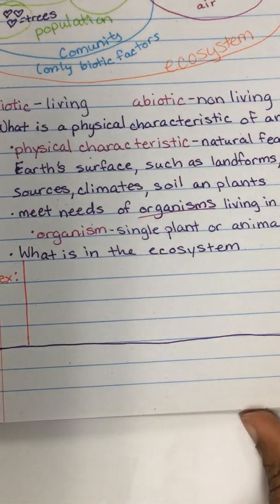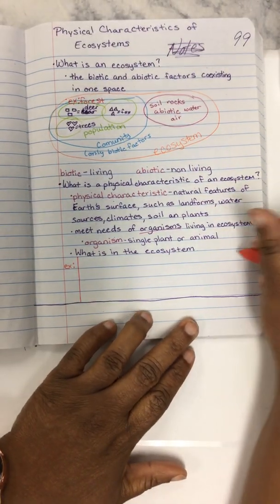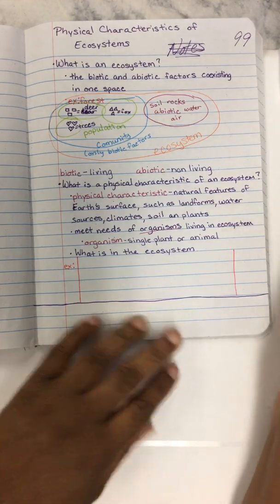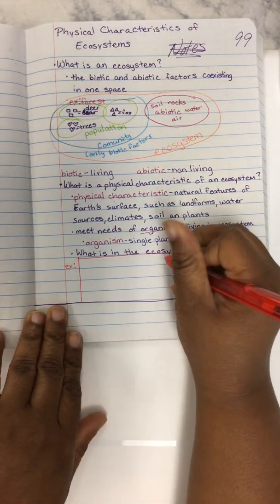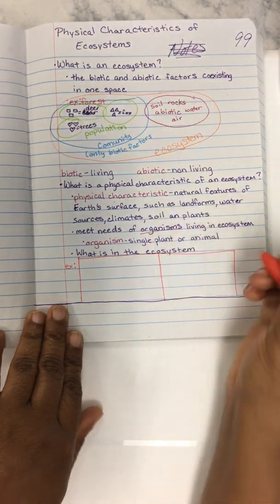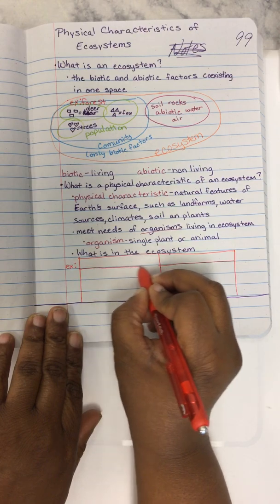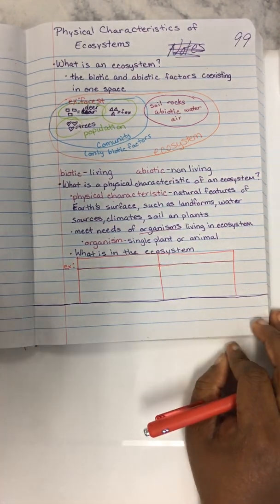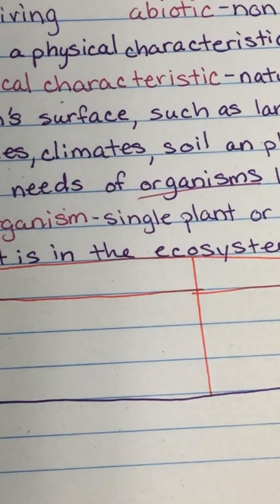So I'm going to zoom you guys back out so you can see the chart that I'm making, going all the way to the red line on the right side and just cutting it in half.